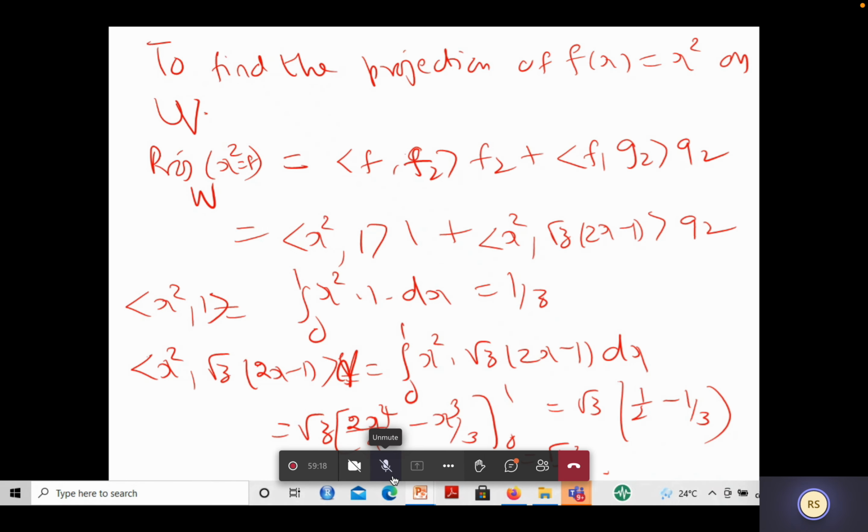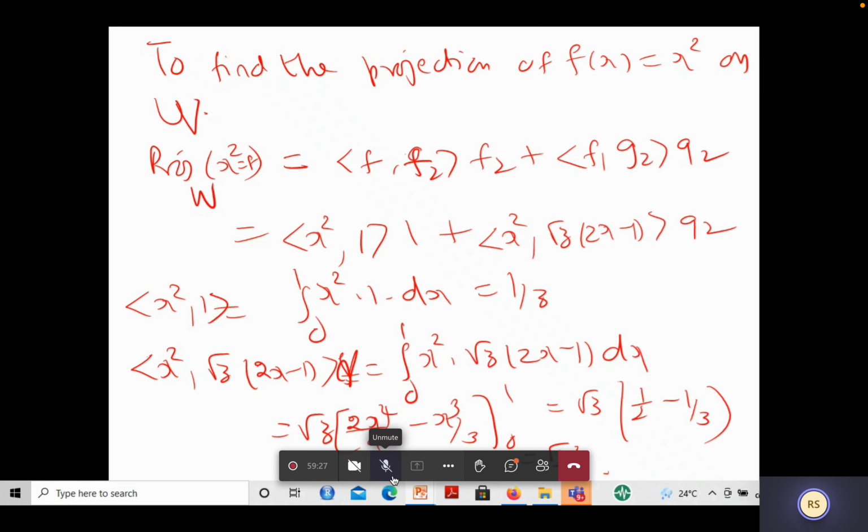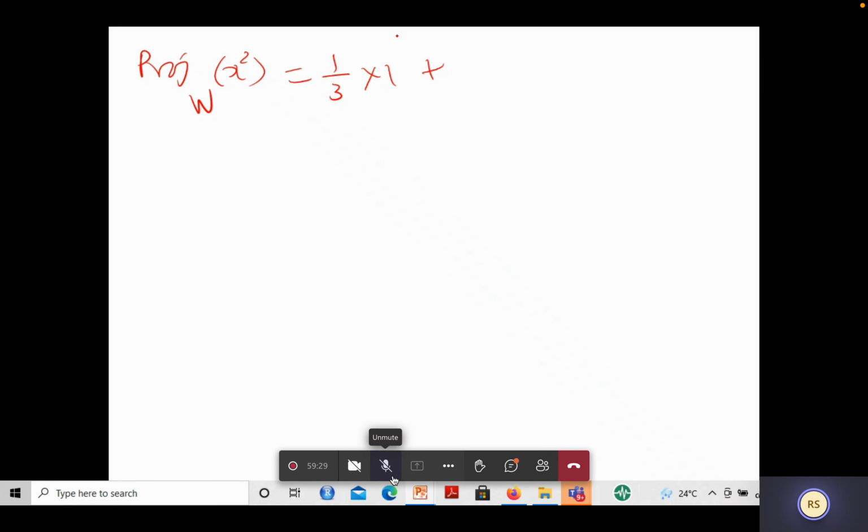Yes, ma'am. So what is the projection? The projection of x square on W is first the inner product of x square comma 1, which is 1 by 3, so 1 by 3 into 1, plus root 3 by 6 into G2, which is root 3 into 2x minus 1. Root 3 into root 3 is 3, so 1 by 2 again.